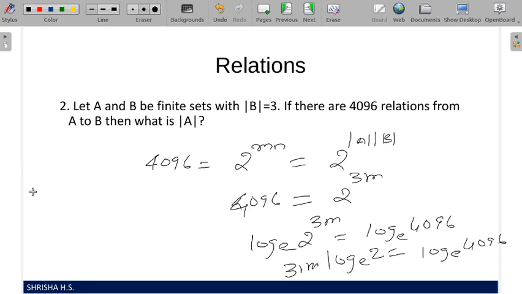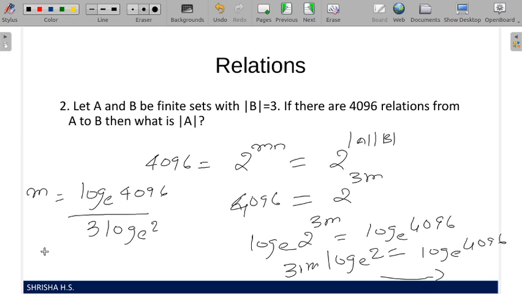So m equals log e 4096 divided by 3 log e 2. The answer we get for this is 4. So m equals 4. This is the answer we wanted.